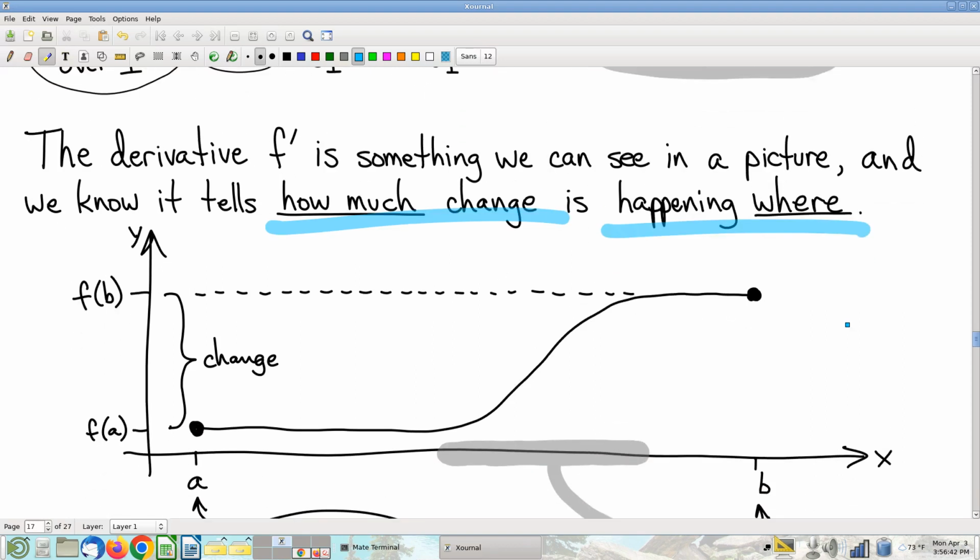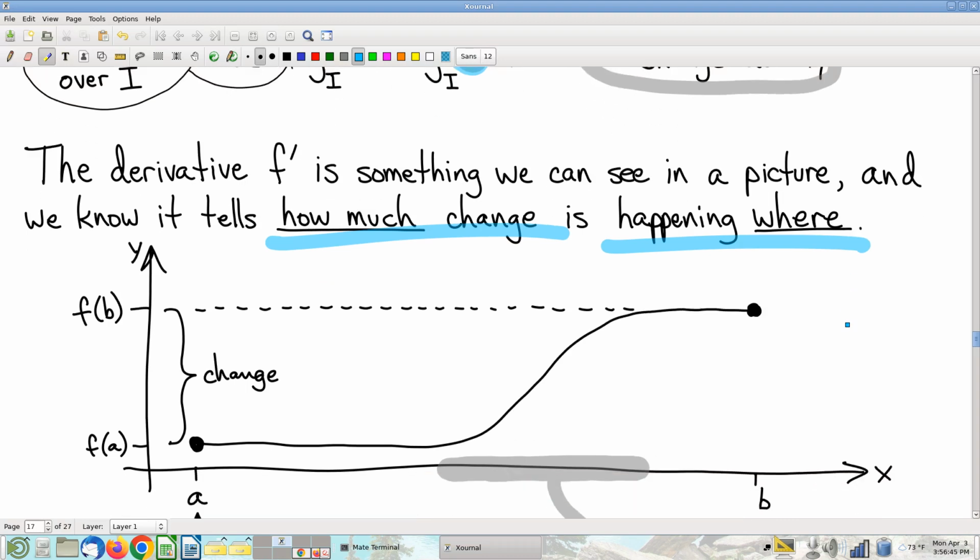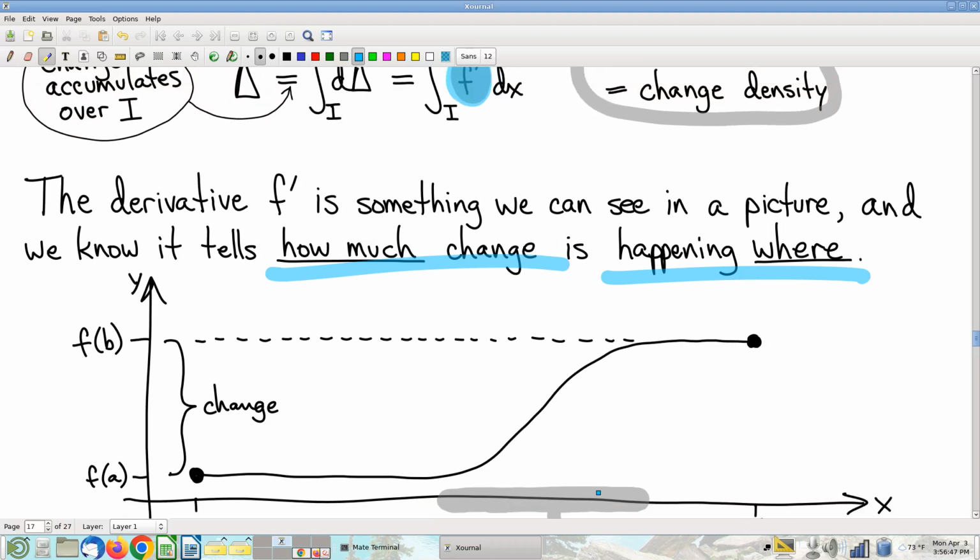For example, if I want to know how much change is happening at this point right there, I can look at the graph, at the slope of the tangent line, and get some sense of how much it's changing.